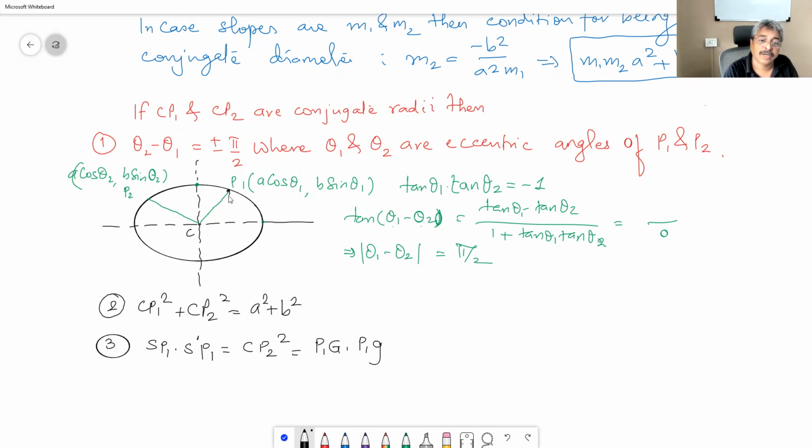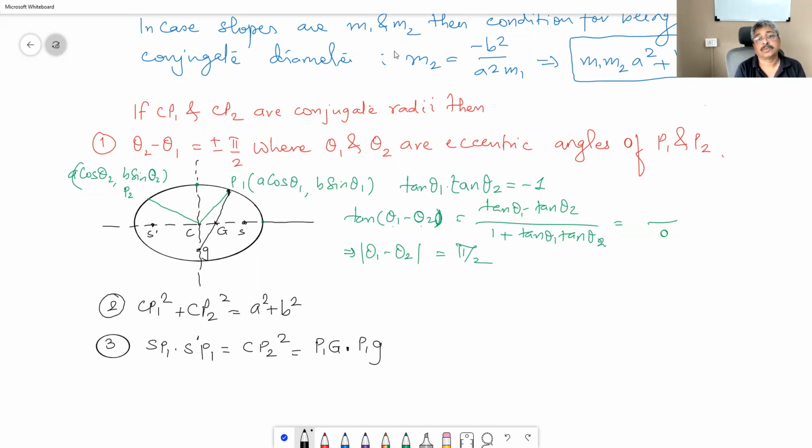If you draw the normal, it meets the major axis at G and the minor axis at small g. Check what all you can prove. S is the focus, S dash is the other focus, P1 is this point, C is the center, P2 is the other conjugate point, P1G into P1 small g.